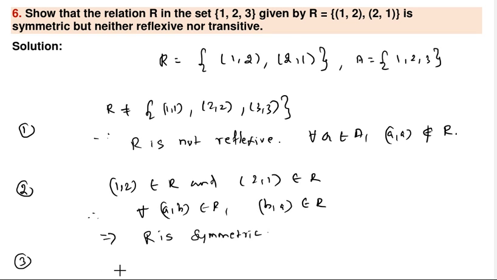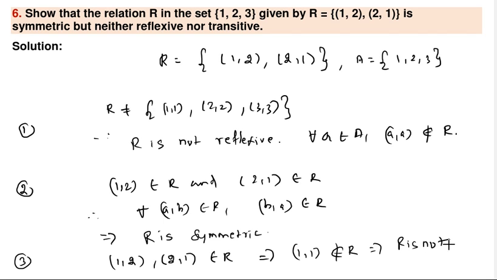So let us take (1, 2) as (a, b) and (2, 1) as (b, c), both belonging to R. Then this implies the pair (1, 1), and (1, 1) does not belong to R, and this implies R is not transitive. I think this is what we had to prove, and we have proved it. We'll move to the next question.